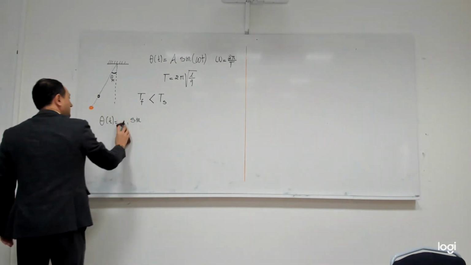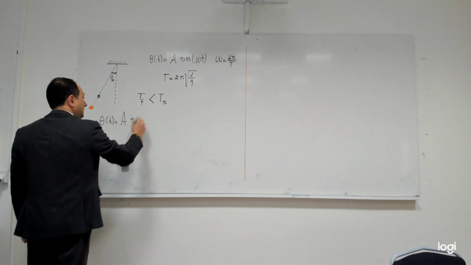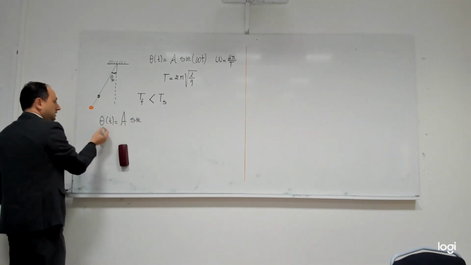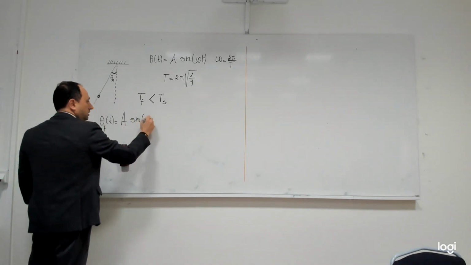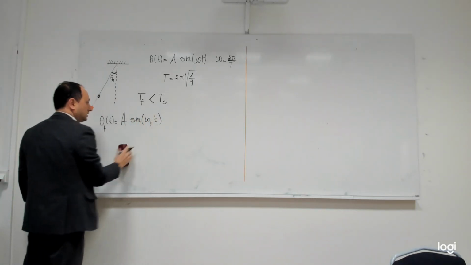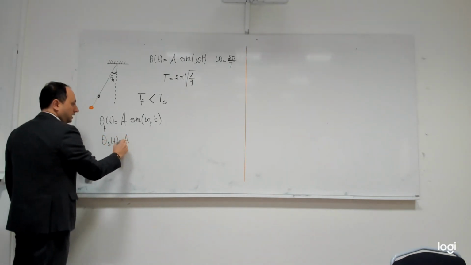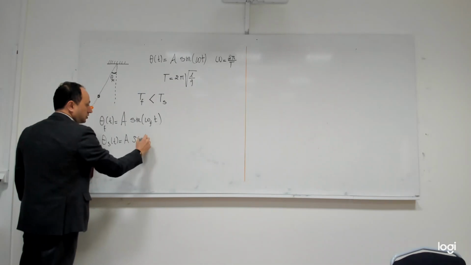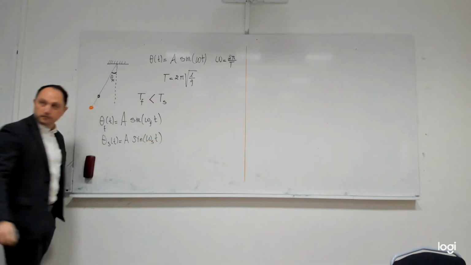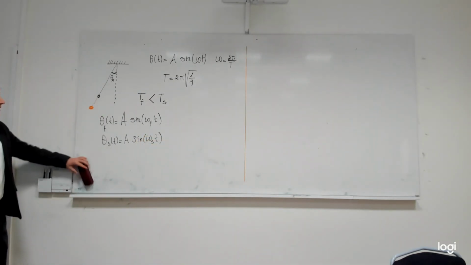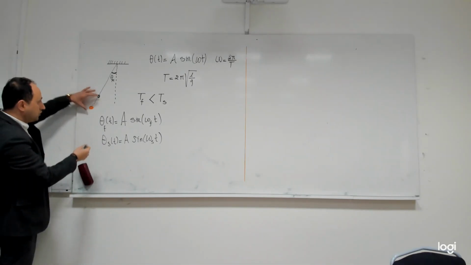I can just write sine omega. Let me write theta for the fast pendulum. It becomes A times sine of omega fast times t. And for the slower pendulum, you can write the same thing: A times sine of omega slow times t. And of course, they start together.